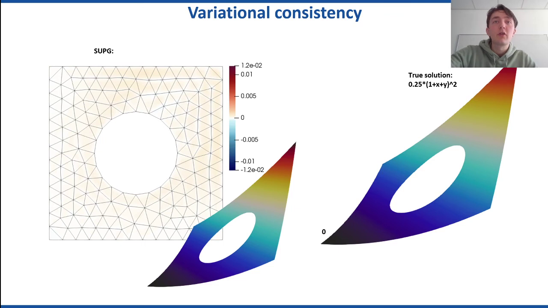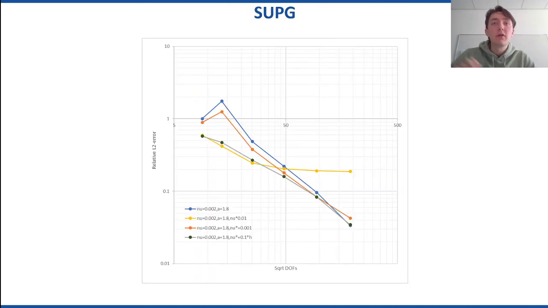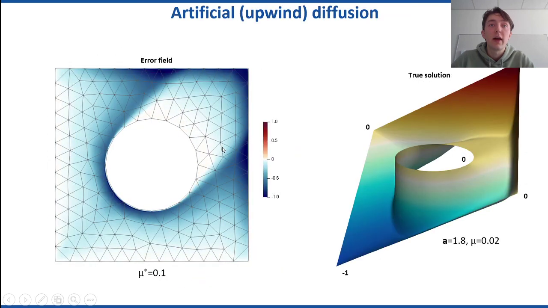So then let's also take a look at the convergence graphs. The blue line was for the simple Galerkin approximation, where in the beginning we had this very, very large error. And after we added some additional diffusion, we got an error that was okay, right? Again, this yellow dot right here, that would be this solution field.